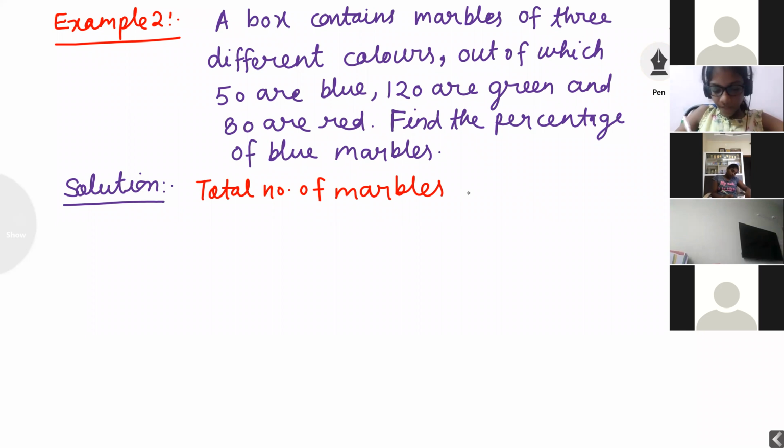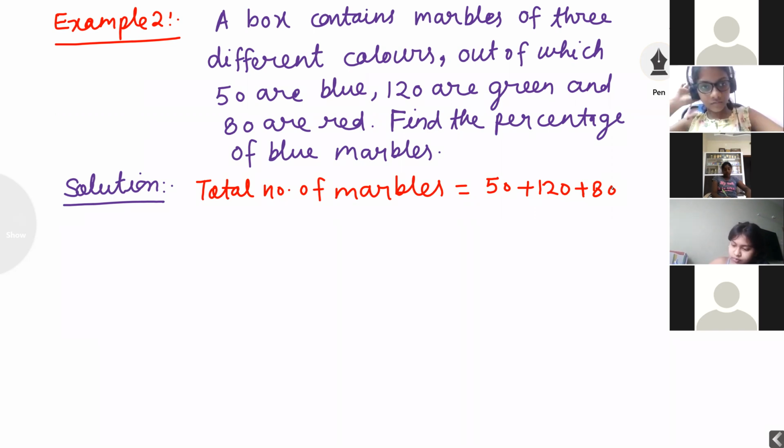Total number of marbles is equal to 50 plus 120 plus 80. 120 plus 50 is 170, 170 plus 80 is 250. 250 marbles are there in the one box.